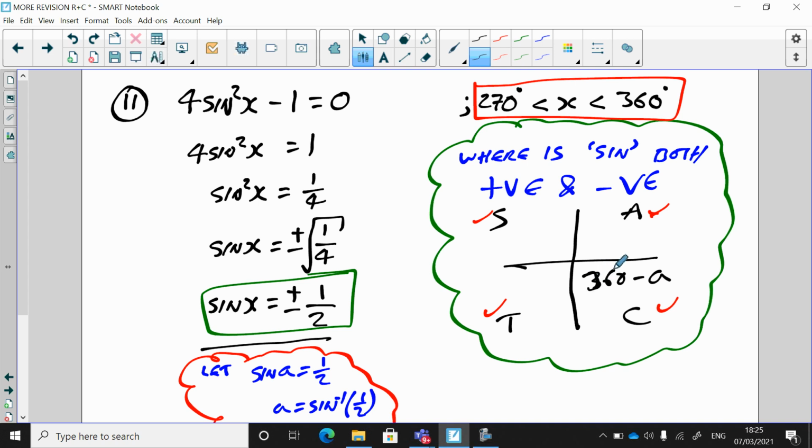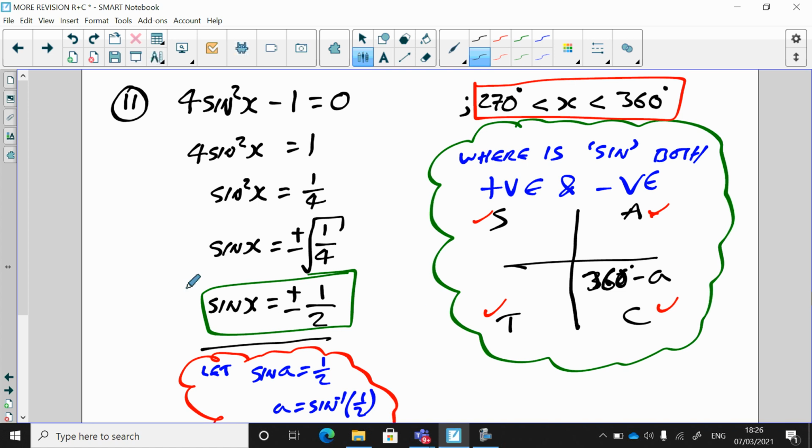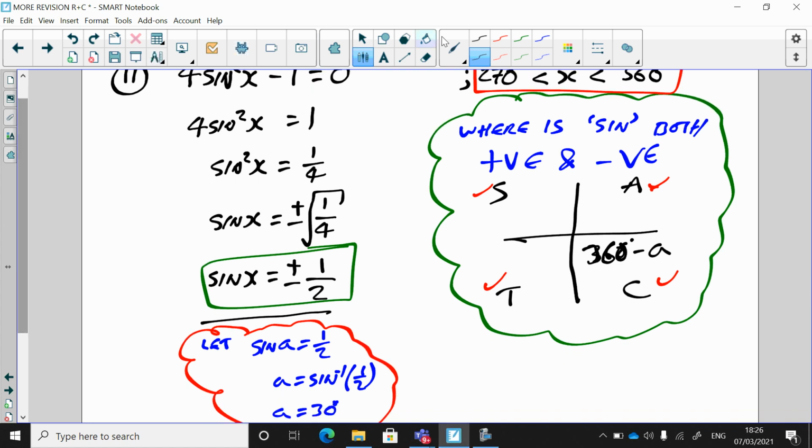Let's say 360 minus A. So that's actually what we're looking at here. 360 minus A. So that means I only actually have to use that there because I am between 270 and 360. Right.